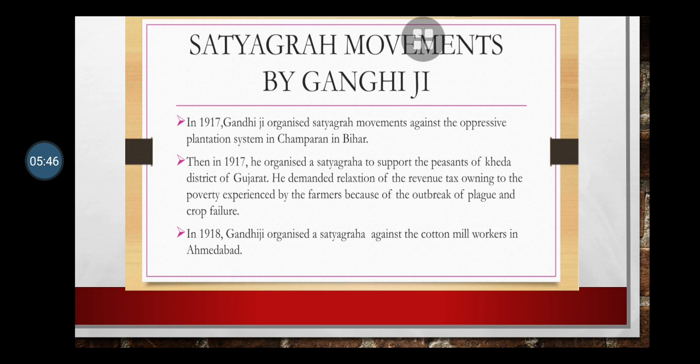In 1916, Gandhiji organized a Satyagraha movement against the oppressive plantation system in Champaran, Bihar. The planters were forcing the peasants to grow indigo, which they resisted because it was very unprofitable for them, and they were forced to grow indigo at a time when they were supposed to remain busy with rice cultivation.